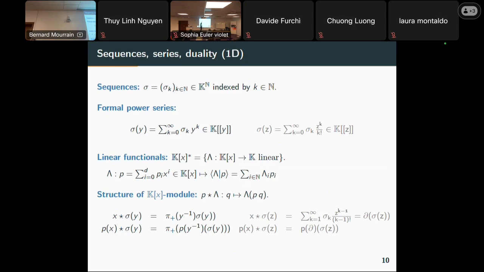Yes, x is our variable in the primal. And the duals, they are represented with the variable y or z. And now we do the product of the polynomial in the primal with an element in the dual. The product of this in the primal times the dual is like replacing the primal variable by a differential and applying it to the series.